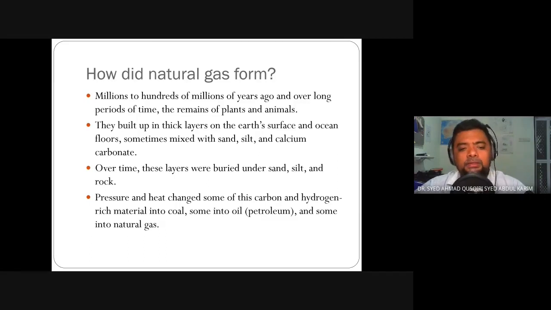Over time, these layers were buried under sand, silt, and rock, and due to pressure and heat, this hydrocarbon and hydrogen-rich material changed into coal, some of it into oil or petroleum, and some into natural gas.